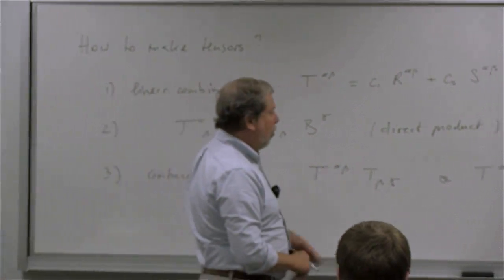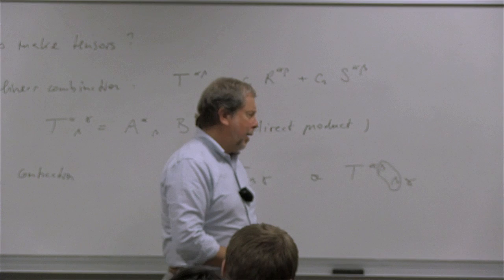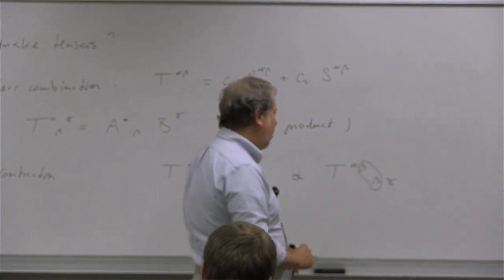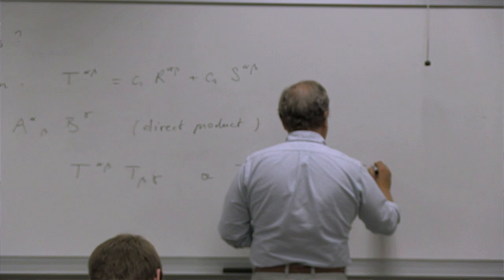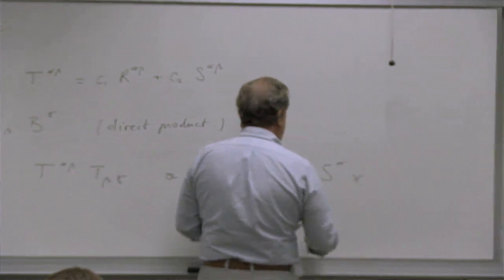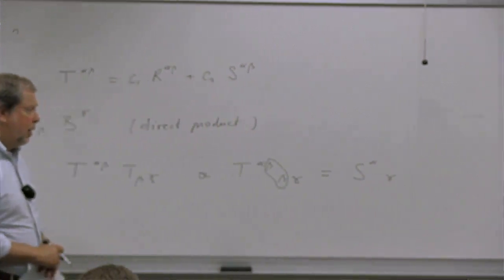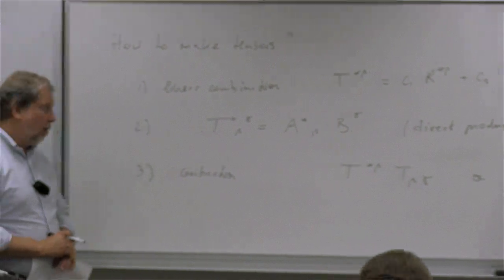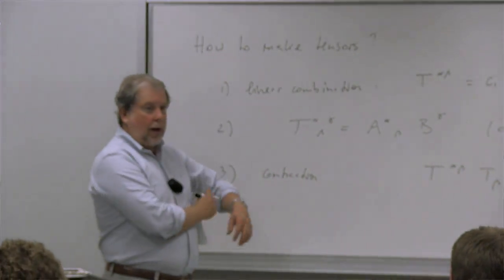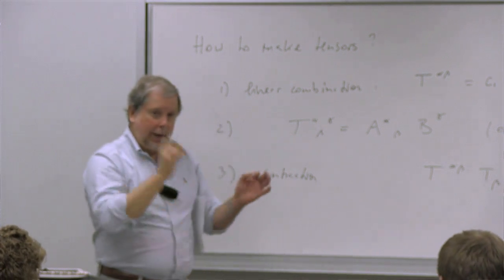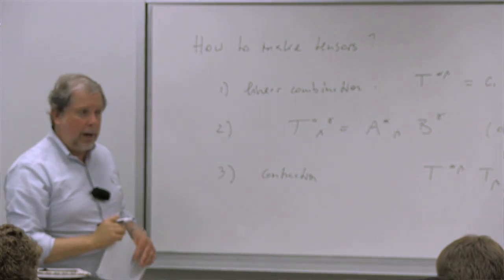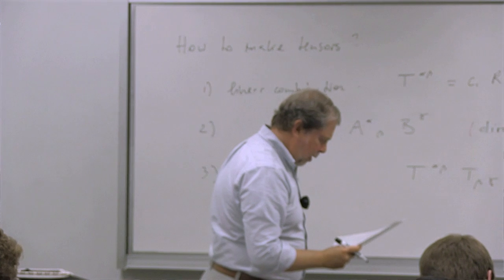When you sum them over, they're gone, and so this behaves like a new entity, which we're going to call by a different name, for example S, and it will be a tensor that has an index upstairs and an index downstairs. So this is called contraction. Contraction means you take two indices, you make them equal, and you sum them over, and those indices are no longer free indices.